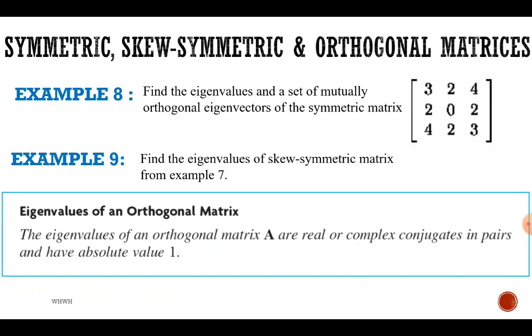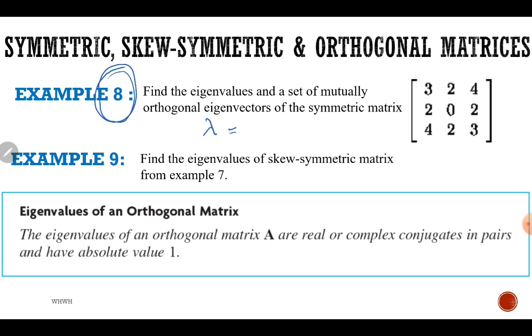Okay, then example 8 dan example 9 pun saya rasa is optional. I'm not going to discuss. Tapi example 8 ni is a good example untuk you cuba cari dia punya eigenvalue and eigenvector.